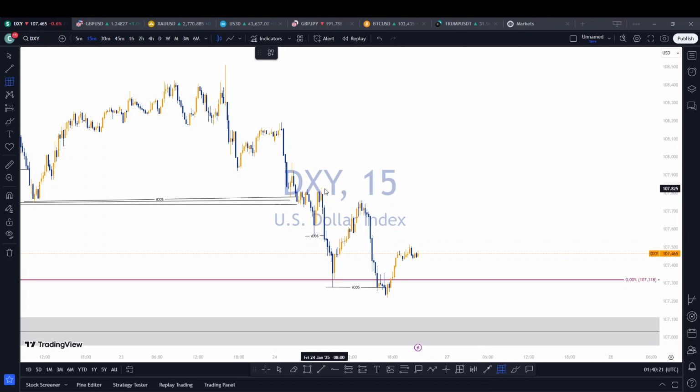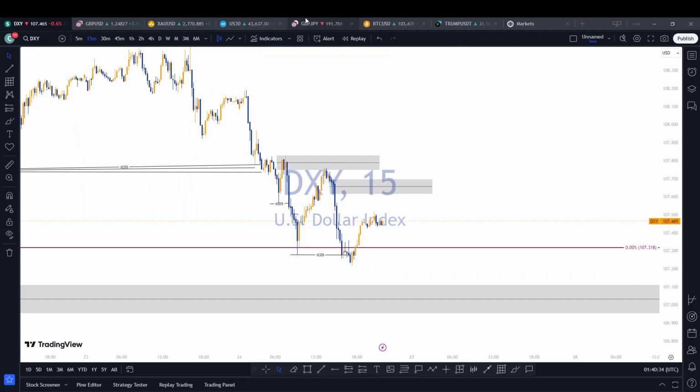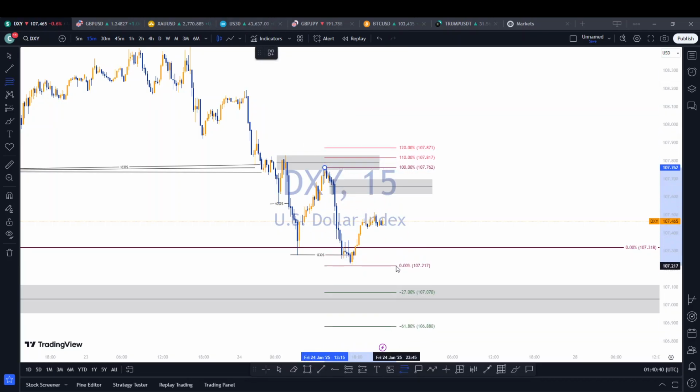You can see that this other block right here was mitigated to push to the downside. So I think it might be coming to this area right here to continue to push to the downside. So if I use a mini fib right here, point A here to point B around this area.